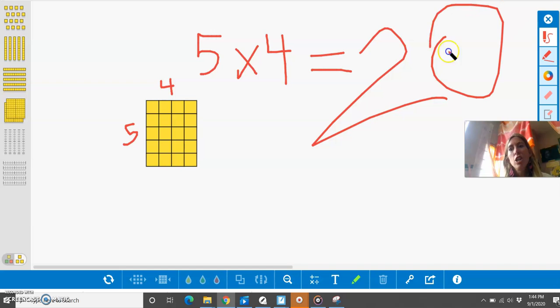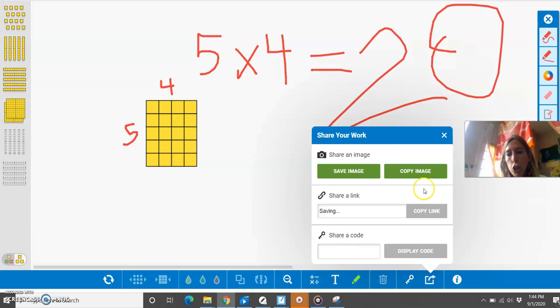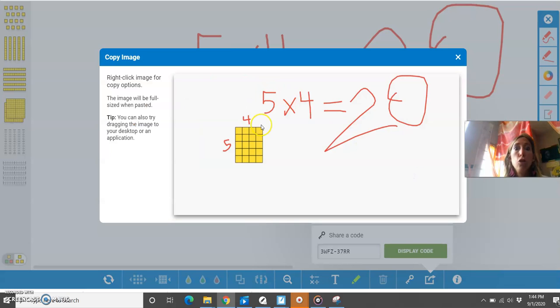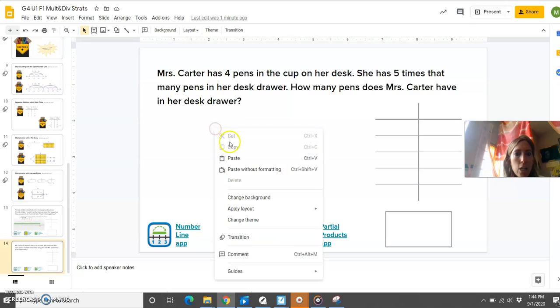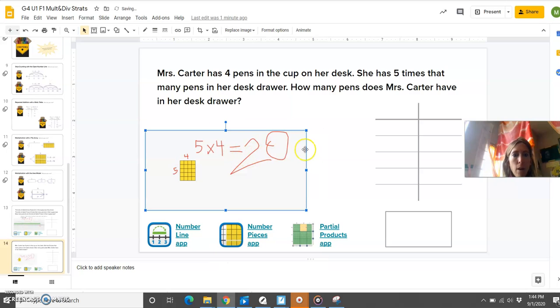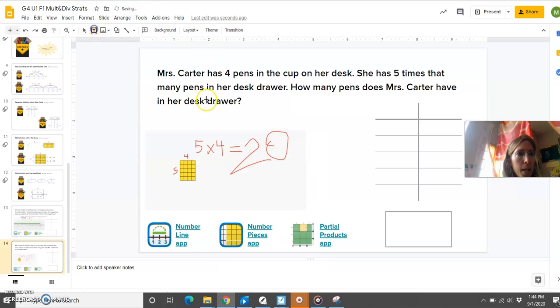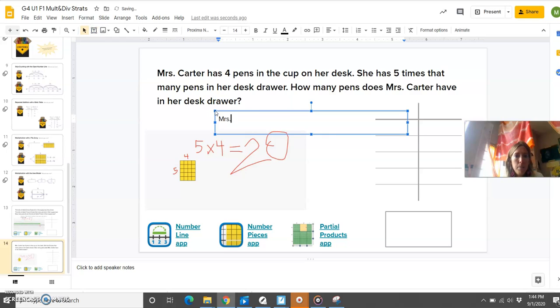And she has 20 pens in her drawer. So I'm going to take that image, copy it, and paste it so everyone can see how I figured that out. And then I'm going to write my sentence. Mrs. Carter has 20 pens in her desk drawer.